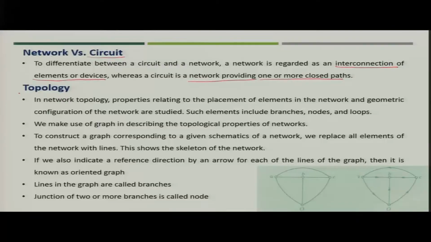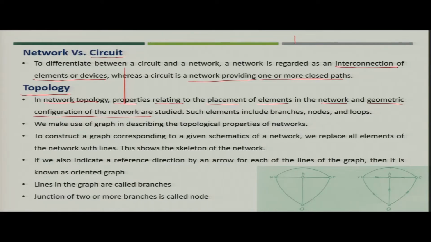Now, let us talk about the topology. For network topology, what is the topology? The properties relating to the placement of elements in the network and the geometric configuration of the network. So, what does it mean?